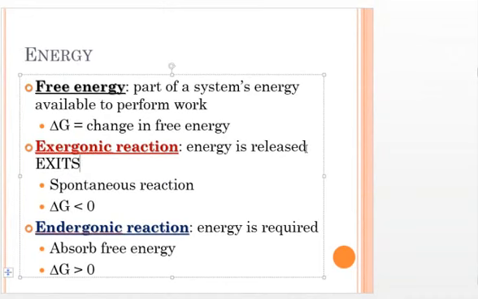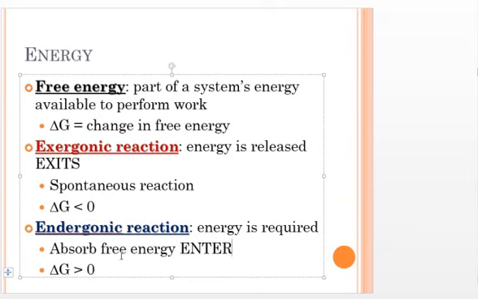An exergonic reaction is when energy exits the system, and so the change in the free energy is going to be less than zero. An endergonic reaction is going to be when energy is required, so energy has to enter the system, and the way that I remember endergonic is EN, is enter.